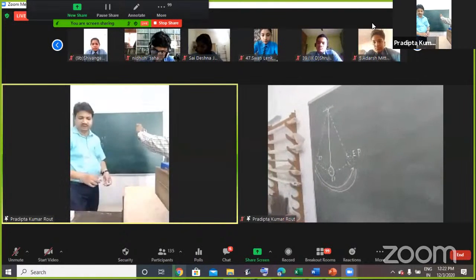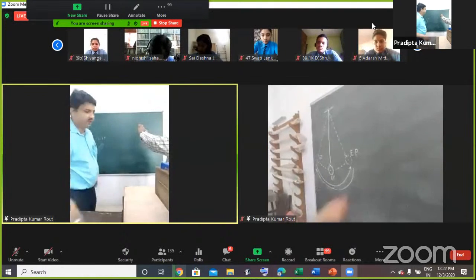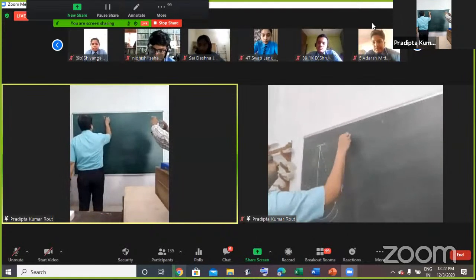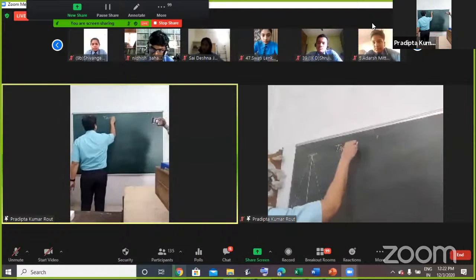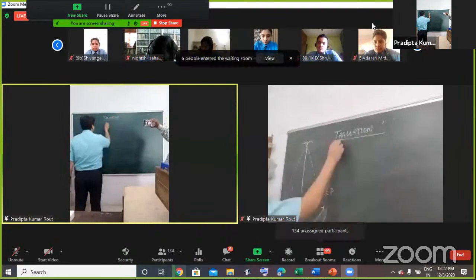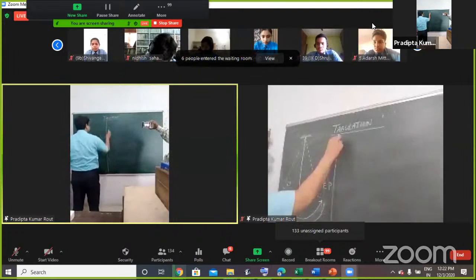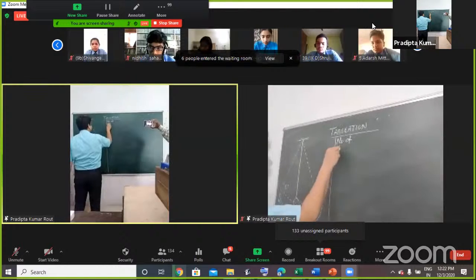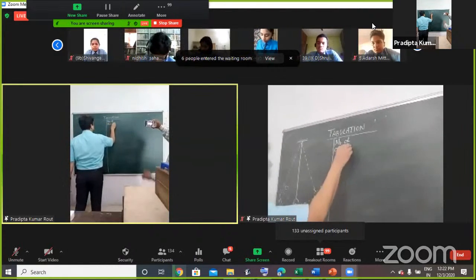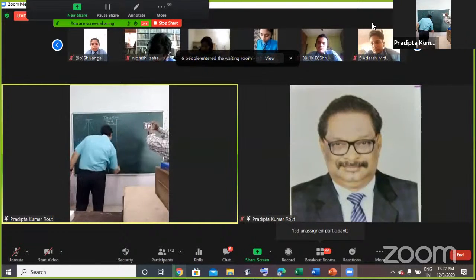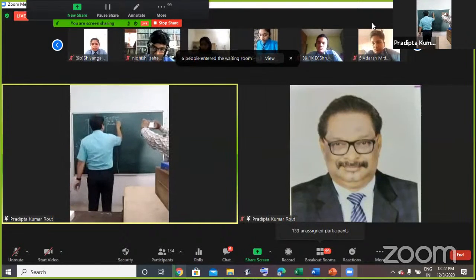So for that, a tabulation we have to do. In the tabulation, what will we do? Number of observations. Effective length of the pendulum.